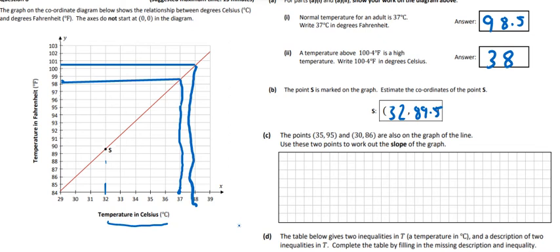The points 35, 95 and 30, 86 are also on the graph of the line. Use these 2 points to work out the slope of the graph. So what you need to use here is the slope formula, that is y2 minus y1 over x2 minus x1.